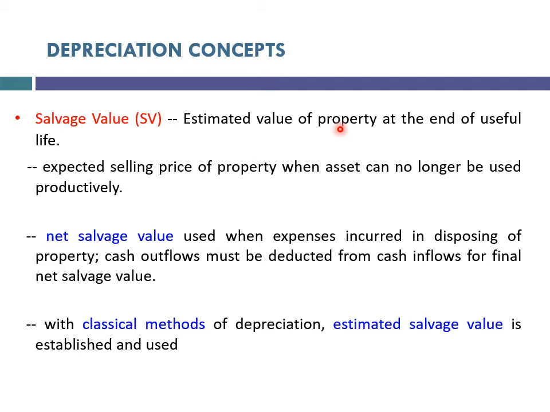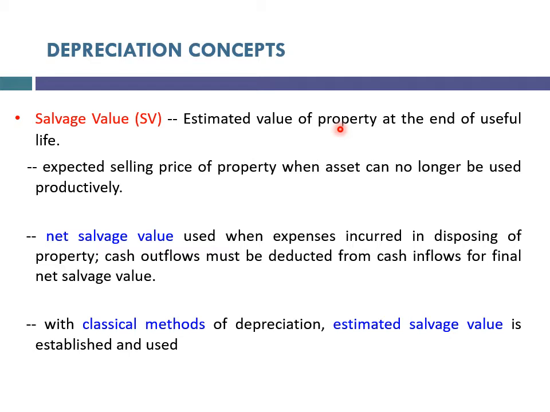Let's assume that you have a car and its useful life is 20 years. So if you want to sell this car after 10 years, before the end of its useful life, you can talk about market value, not salvage value. But after 20 years, when the life of the car is over, then its value is the so-called salvage value.